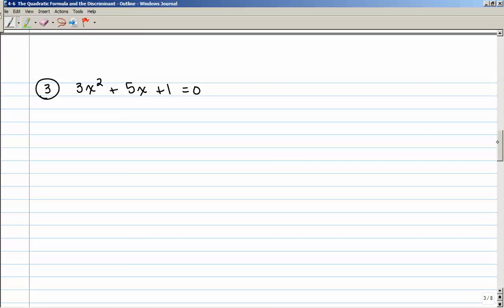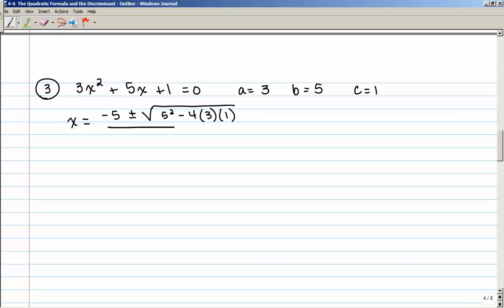Here's another example. Let's try this one. A is equal to 3, b is equal to 5, and c is equal to 1. So x equals negative b plus or minus the square root of b squared minus 4 times a times c all over 2a.